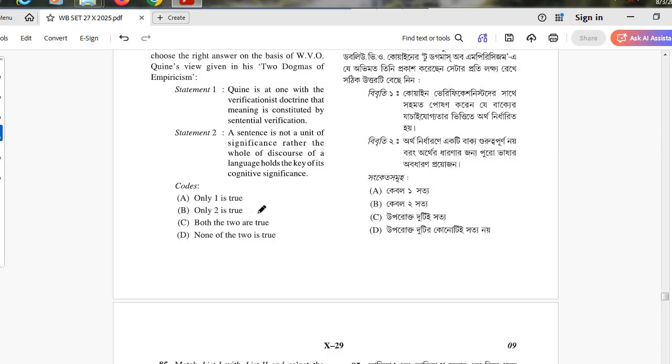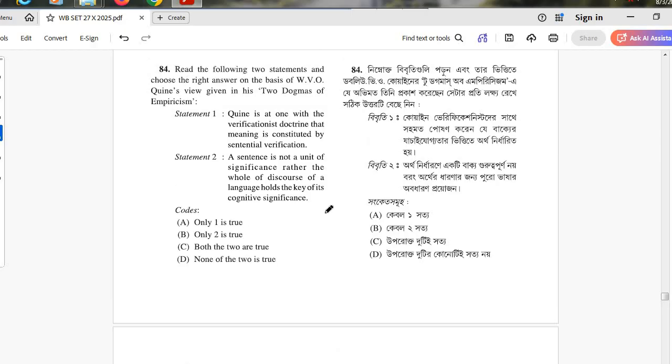And statement 2, a statement is not a unit of significance; rather the whole of the discourse of a language holds the key to its cognitive significance. The correct answer to question 84 is option B, only 2 is true.